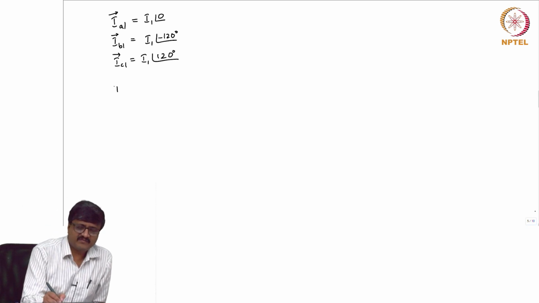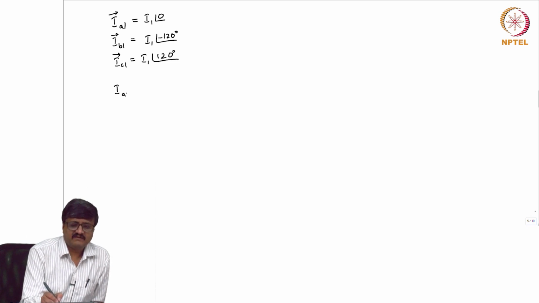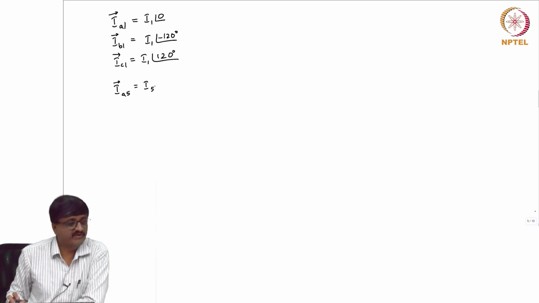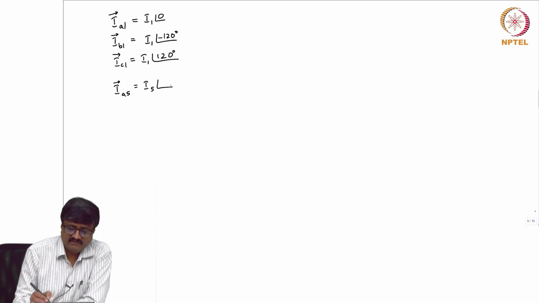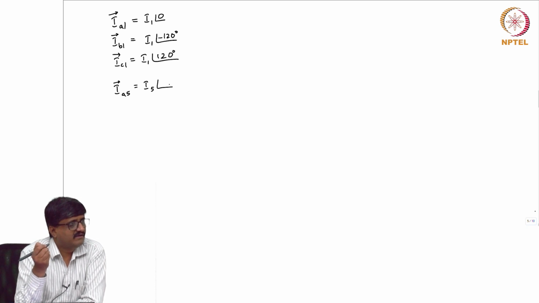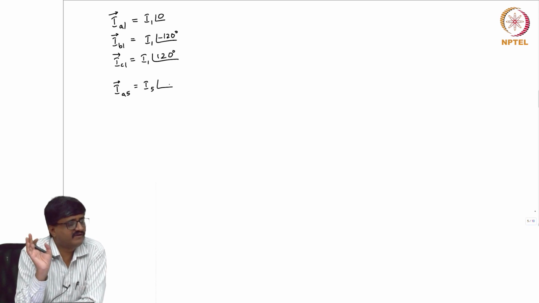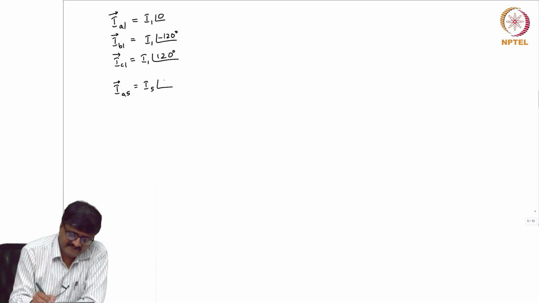Now, if I take some harmonic component, say IA5, I use the notation I5, the RMS value of the fifth harmonic current. Now, what should be the angle? Please note, when we talk about taking reference, I can choose independently the reference values for different harmonic components. So I can again take this as 0.